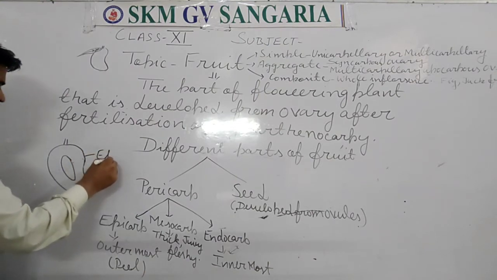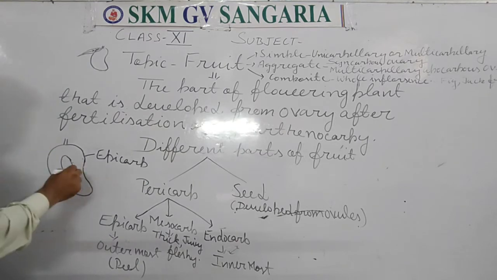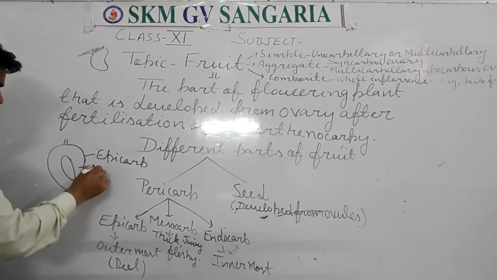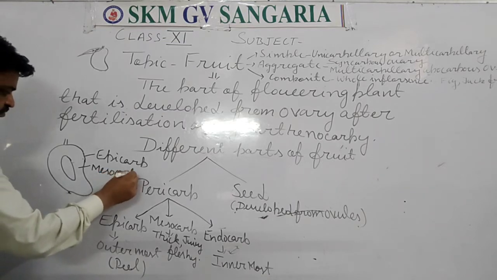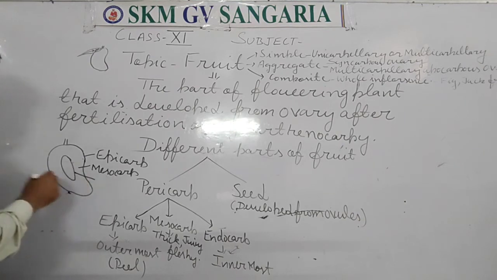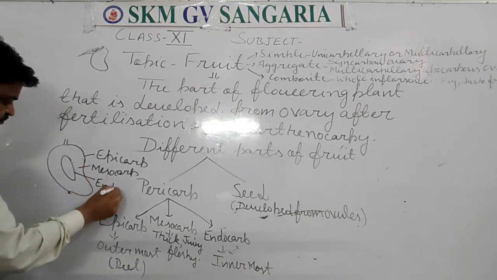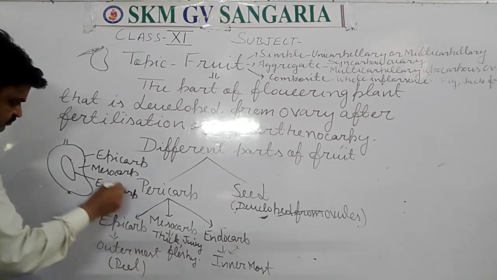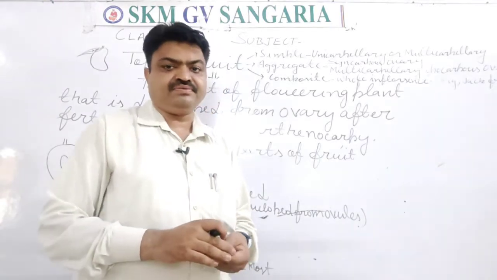This part is known as epicarp. Second is mesocarp, students. And third is endocarp, that covers the seed. It is endocarp.